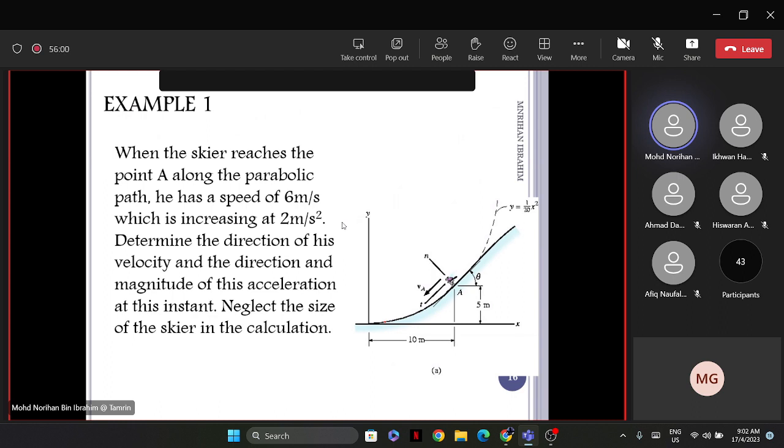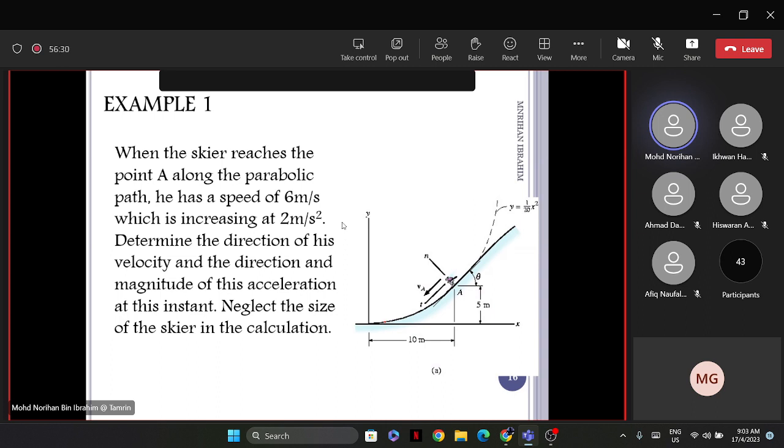Here we have this example 1. We continue with this example 1. So when the skier reaches the point A along the parabolic path, he has a speed of 6 meters per second, which is increasing at 2 meters per second squared.